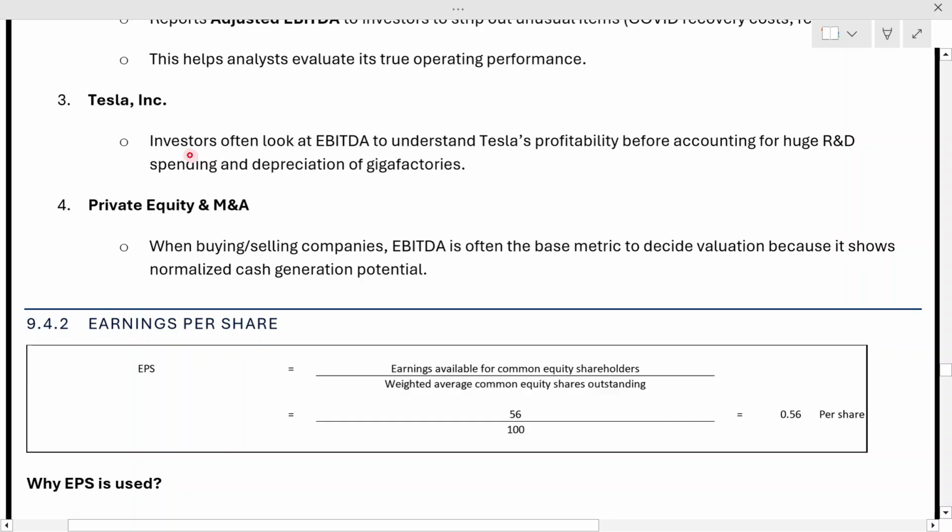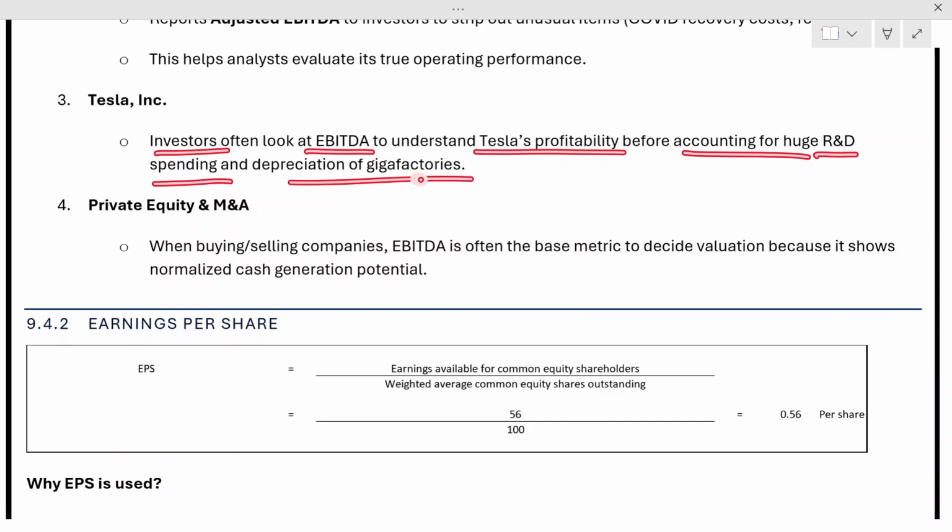For Tesla, investors often look at EBITDA to understand Tesla's profitability before accounting for huge research and development spending and depreciation of gigafactories. Gigafactories have huge depreciation and amortization, so they should not be considered while deciding upon the operating performance of the company.